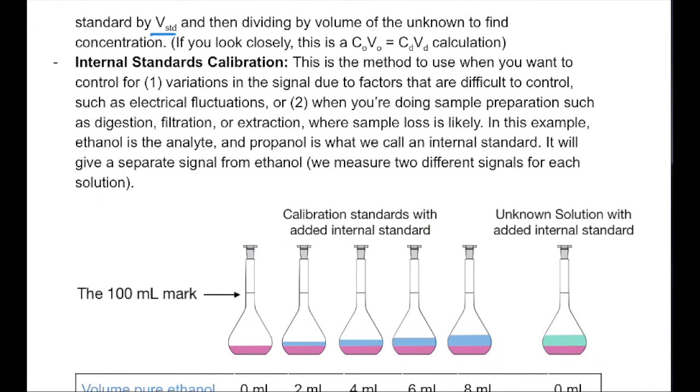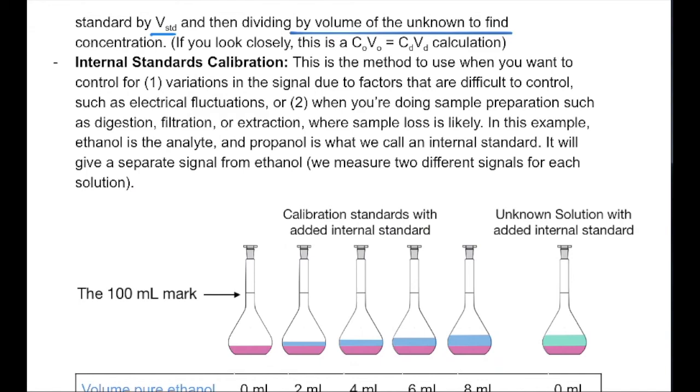And then we divide that by the volume of the unknown. So depending on how much unknown was added, in this case we added 5 milliliters of the unknown. So we would divide the concentration of the standard times the volume we get from the calibration curve, divide that by the volume of the unknown, and that's going to give us the concentration of our unknown.